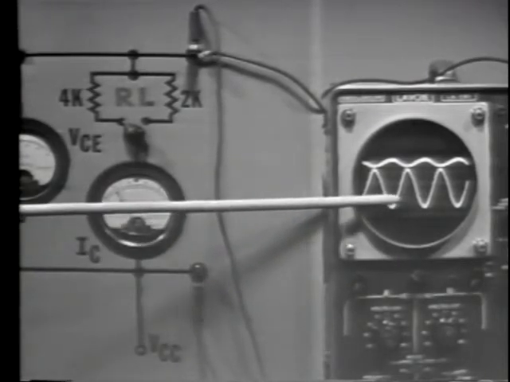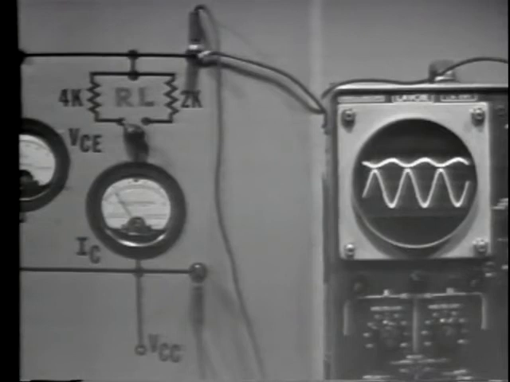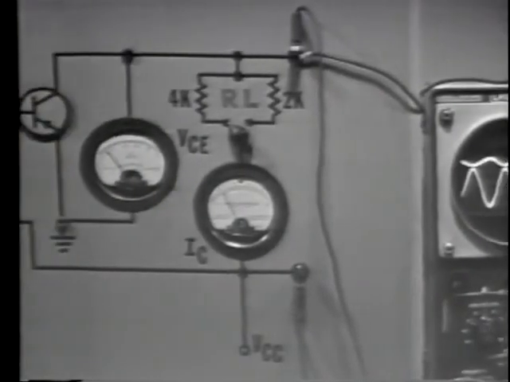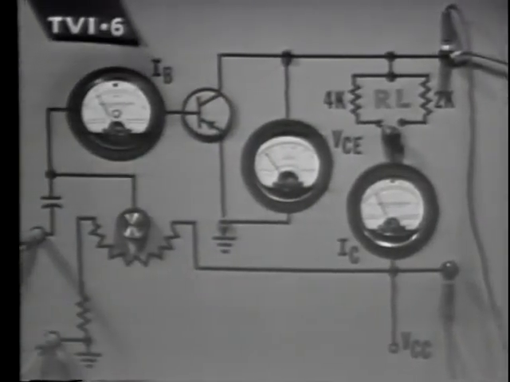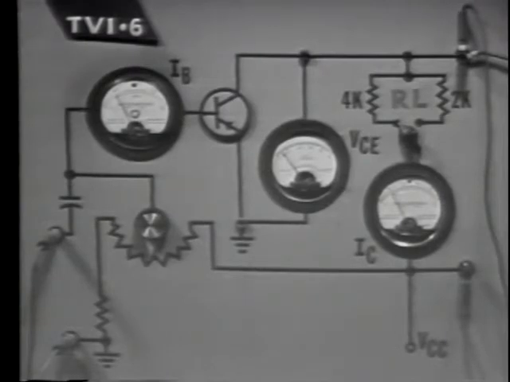The actual circuit proves the conclusion that we made from the graph. As we increase the collector load resistor, the voltage gain increased. A larger resistor produces a high voltage gain. Likewise, a small collector load resistor produces a high current gain.